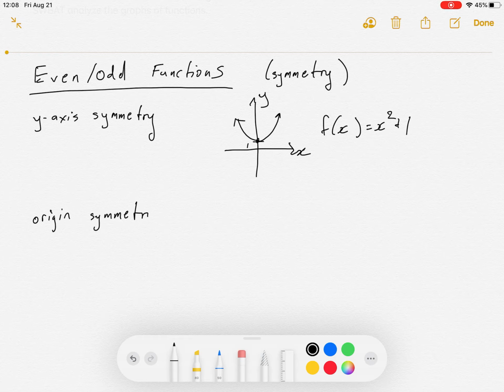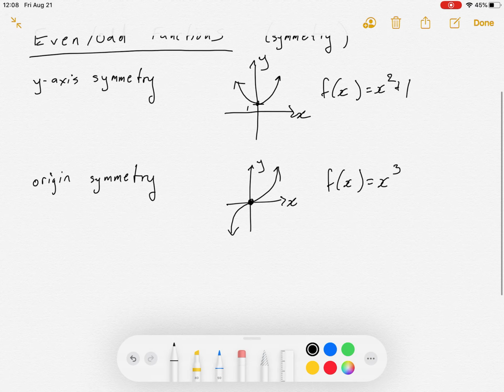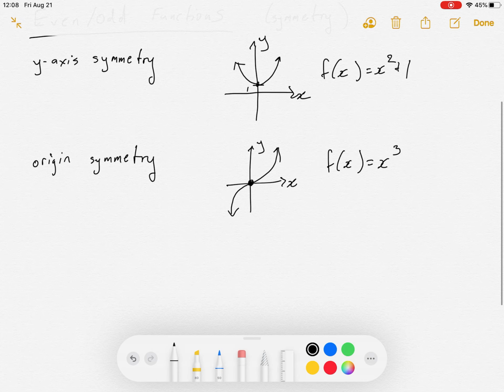For example, we could look at, I'll just do a cubic as kind of the classic. So this could be a function f of x equals x cubed. So these are two types of symmetries we can look at with functions.